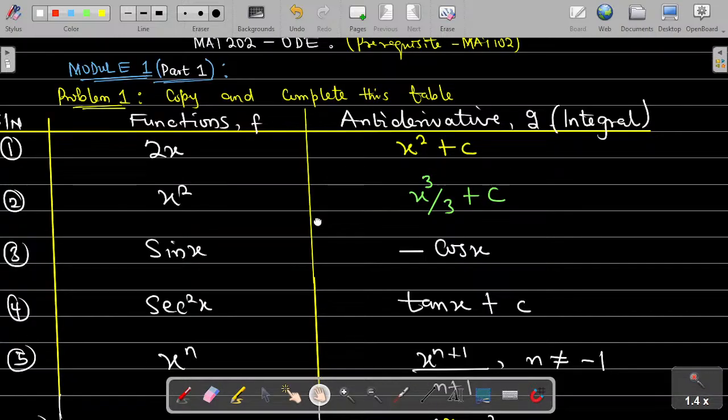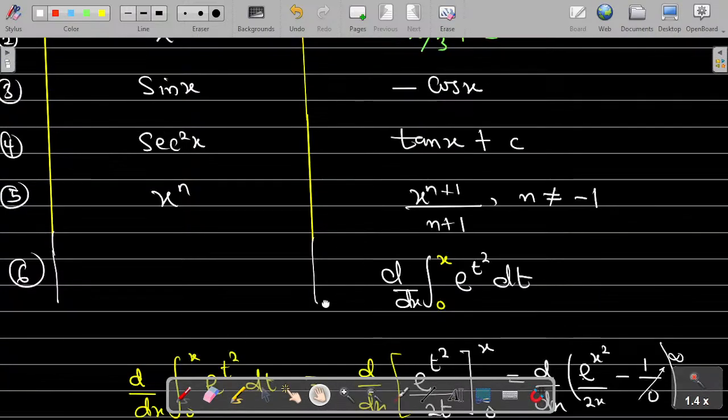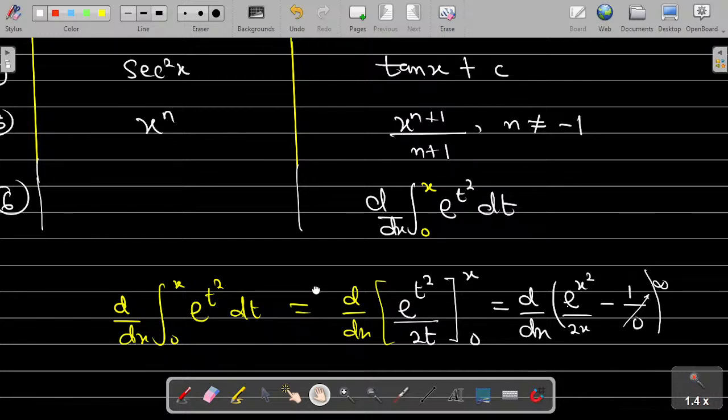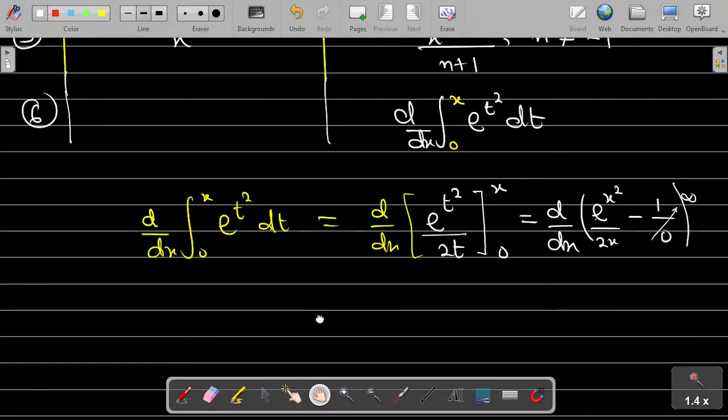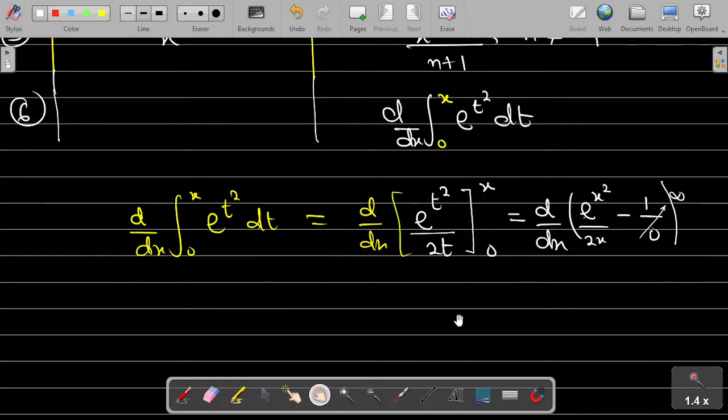All right, sorry about that. We had a beautiful session with my students, and that's the board you just saw. Now you can see that this is also infinity, and the derivative of infinity is also undefined.